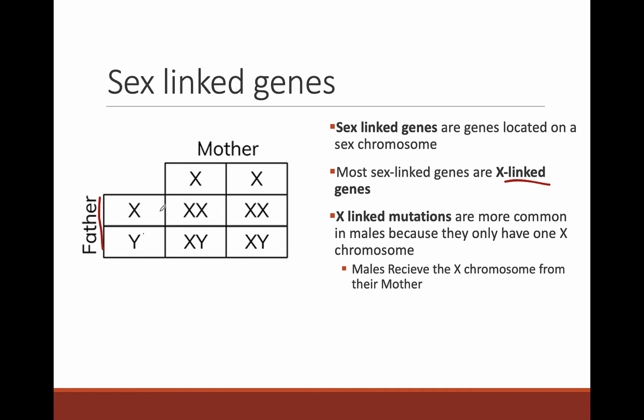Since males only have one X chromosome, whatever is on that chromosome is the gene that they will express. They do not have another X chromosome to cover up a recessive allele. A female has to have two recessive alleles in order to show a recessive trait, because they have two X chromosomes. This means they must be homozygous recessive, and this is much rarer.